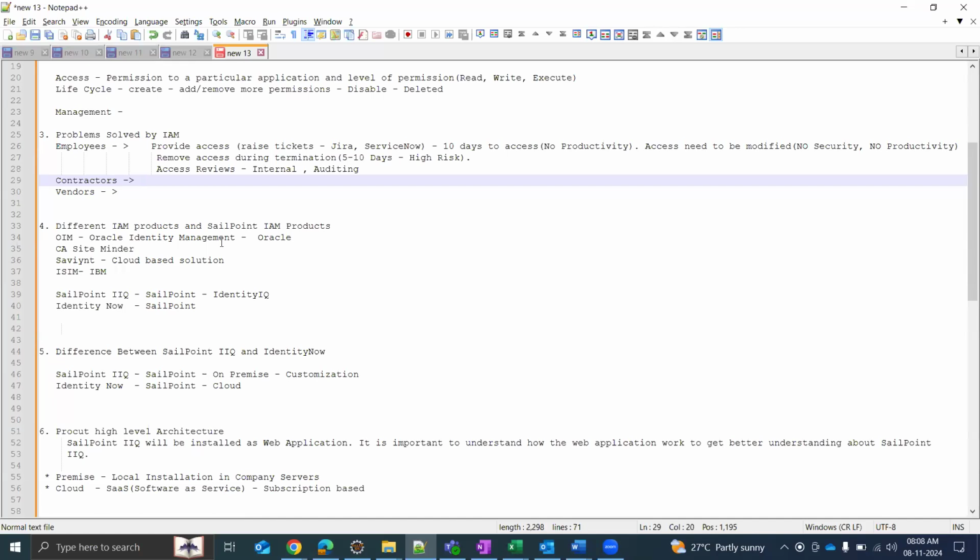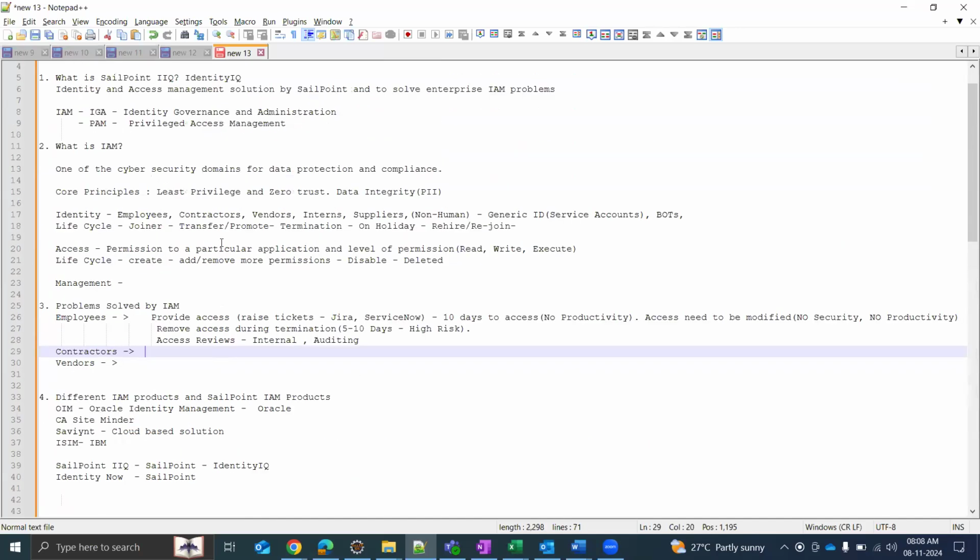Yeah, no problem. Okay, so now that we are good with the core concepts or the basic fundamentals of IAM, SailPoint, and what exactly we are doing, by this we should understand where exactly we fit in an organization, or what is our scope of work as a SailPoint implementation engineer within the organization's landscape, right?